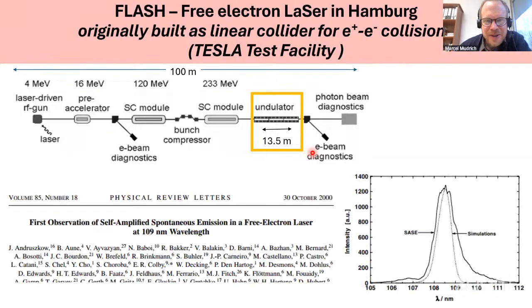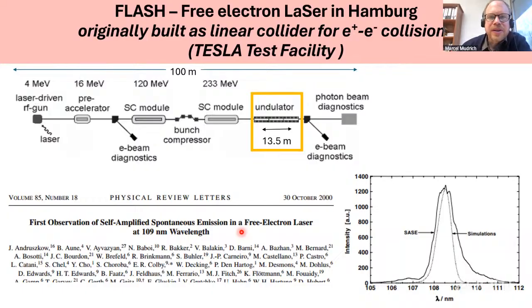The operation of this laser was first demonstrated already 25 years ago now, and it was not really X-rays. It was just in the soft X-ray range, 100 nanometers, so more the EUV range. But it was the first demonstration of SASE operation for a free electron laser.